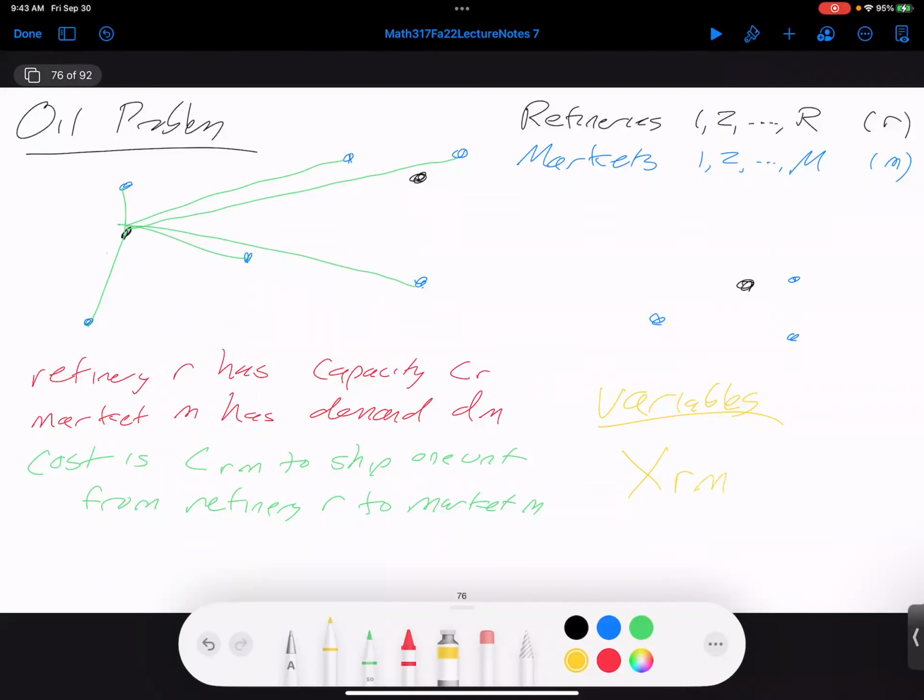So this would be the amount of oil sent from refinery R to market M. And those are the variables, and those will clearly be non-negative.